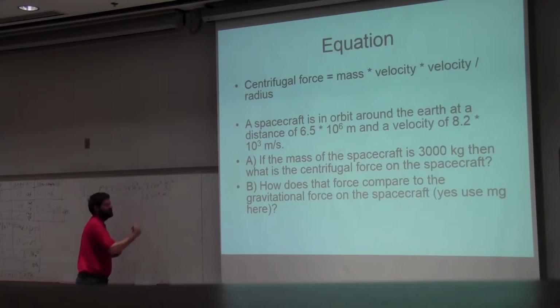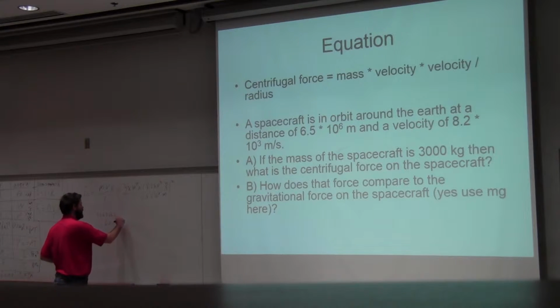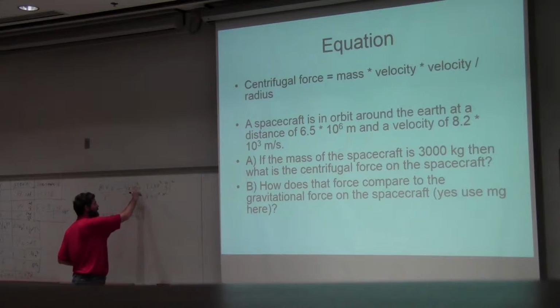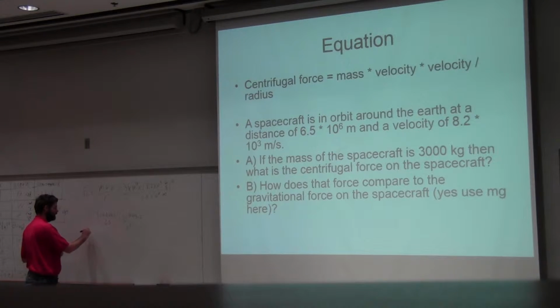Now here's some fancy math for you. I'm going to have 3 times 8.2 times 8.2 divided by 6.5. Plug that in the calculator. Times 10 to the 3 plus 3 plus 3 minus 6. So 3 plus 3 plus 3, since I squared it, minus 6. So this is 10 to the 3rd. 8.2 squared is 64 plus 3.2 plus 0.04.